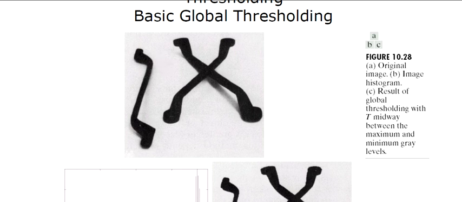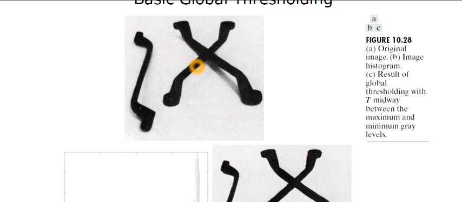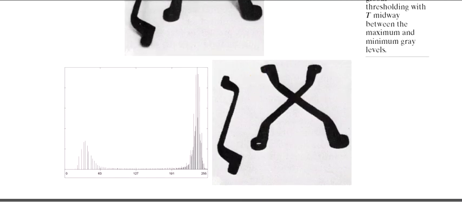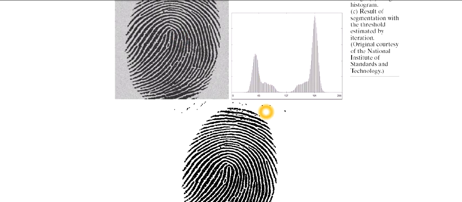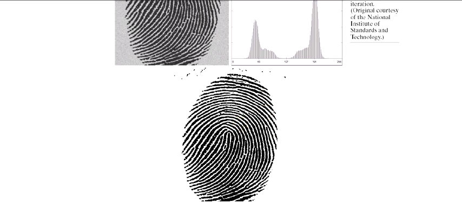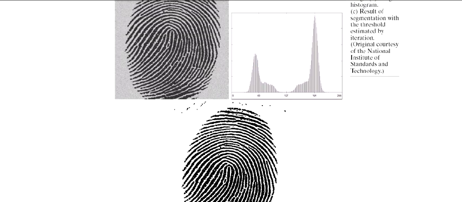Now let's consider this image. We are talking about global thresholding now. Global means we are considering the whole image. Say the threshold value is considered a value between the maximum and minimum gray level, and based on the threshold value we have obtained this thresholded image. Similarly, this is the original image and this is the histogram, and then we have applied an estimated threshold that is calculated from this histogram.